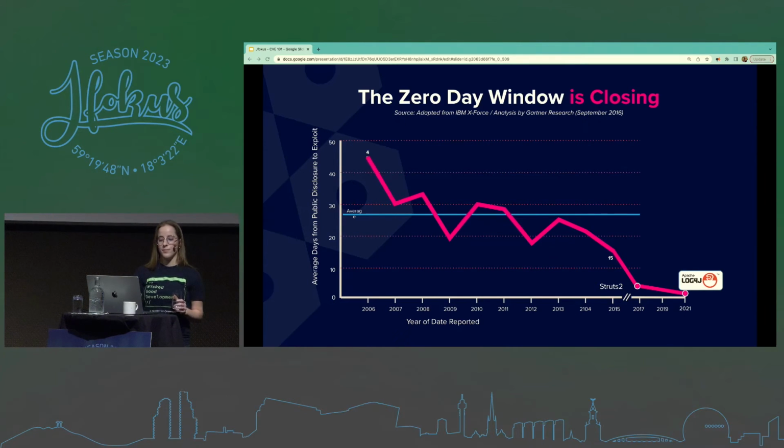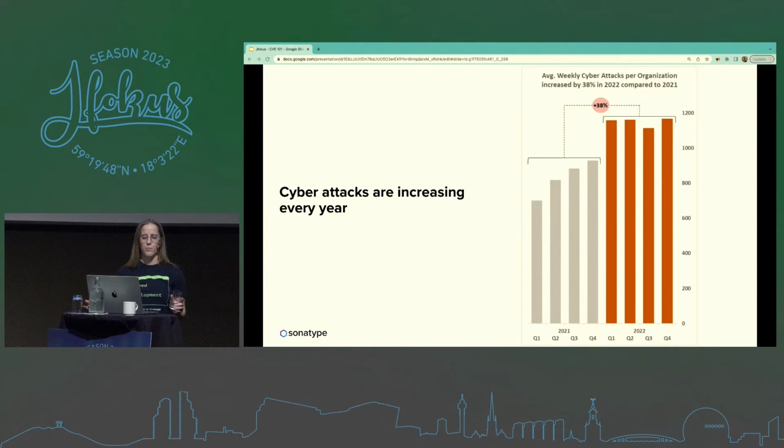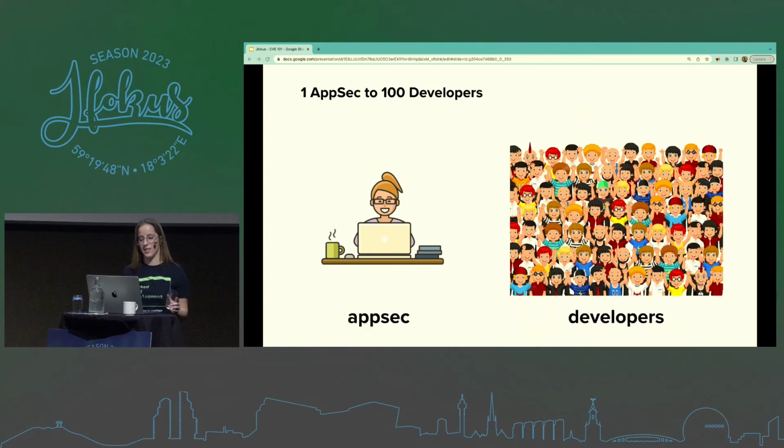Not only that, but we're actually seeing a lot more cyber attacks every single year. And unfortunately, for us as developers, yes, there are security professionals there to help us, but typically there's an army of us and there's maybe one or none of them, and it's not their job to handhold everything we're doing and basically help us fix it all.